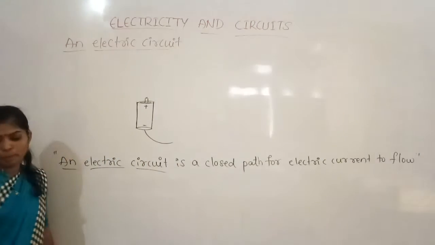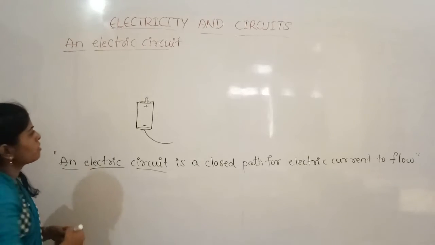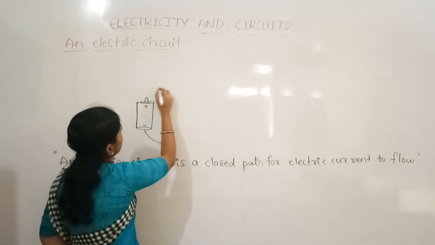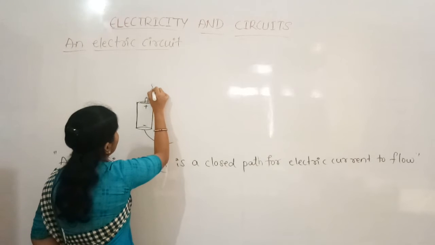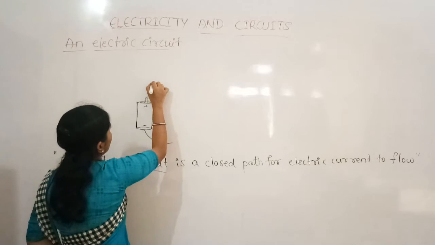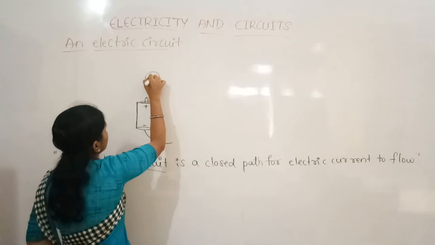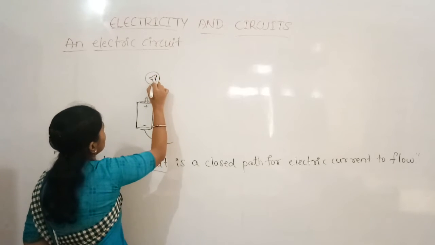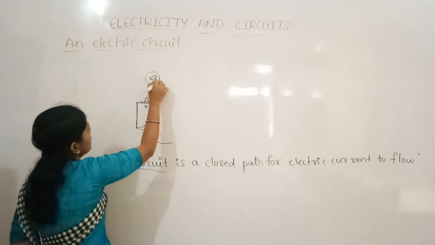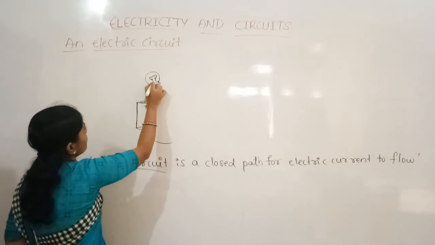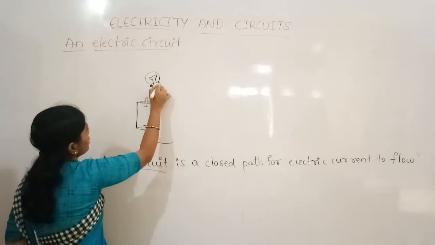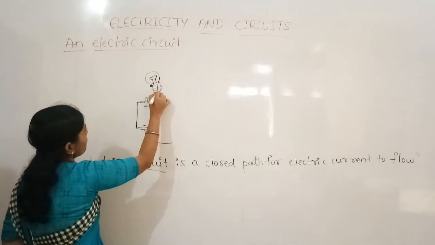So now we can prepare our own torch. Here the bulb is there. This is the filament. This will be connected here and one end will be connected at the center.